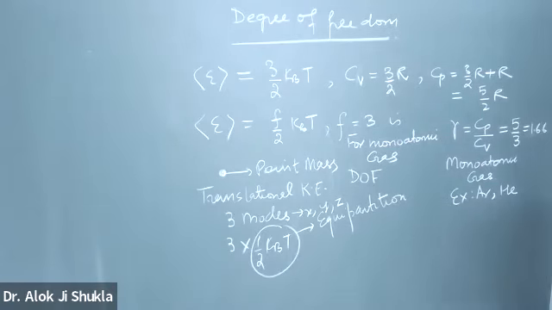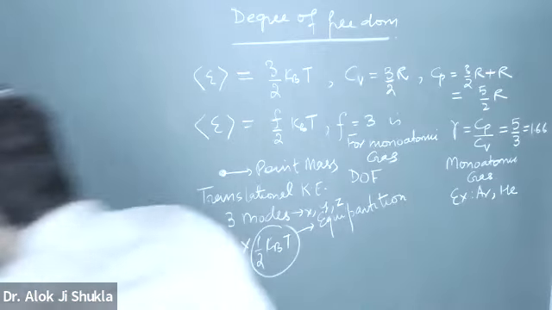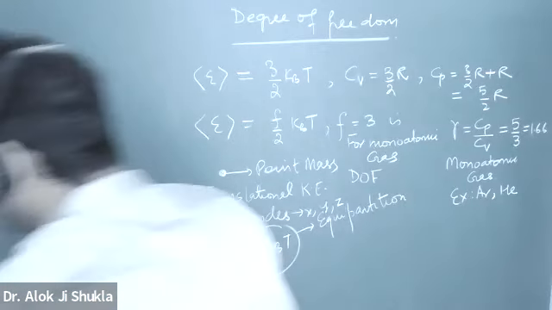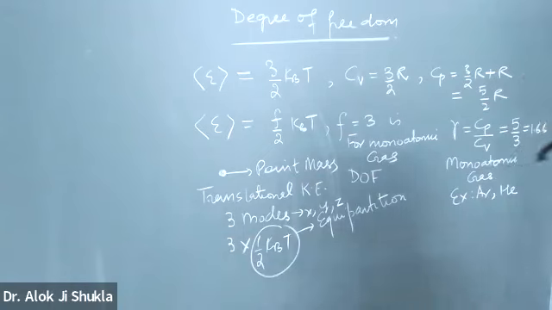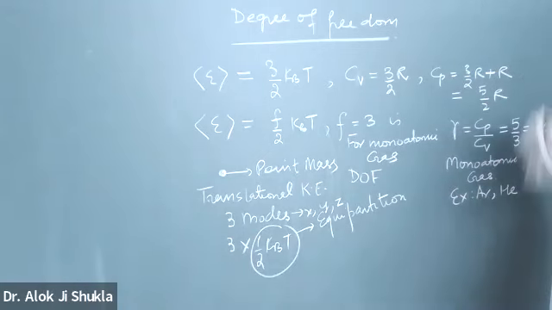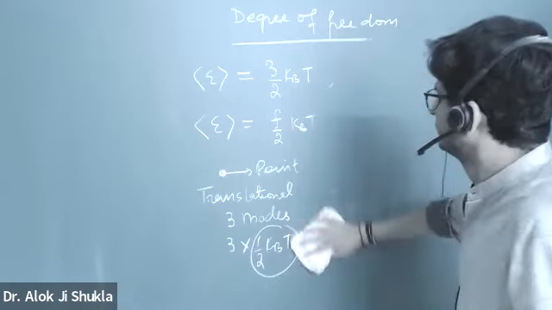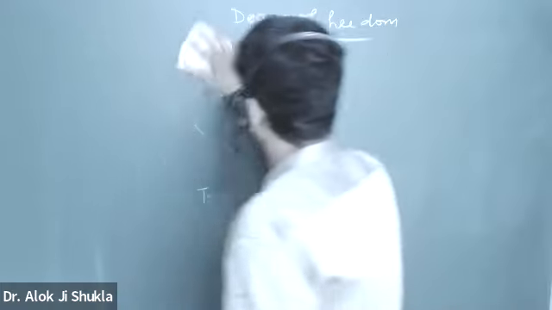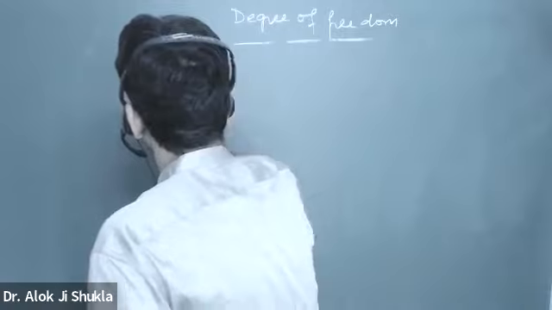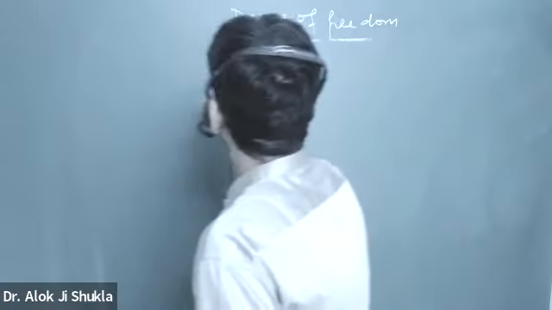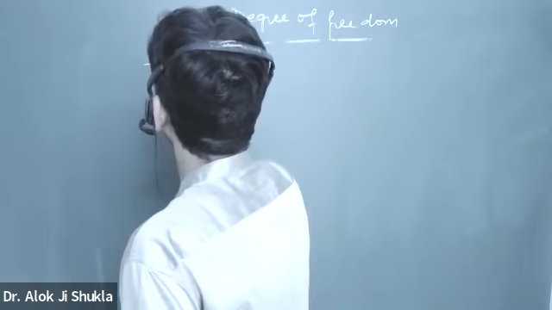And this 3 is called the degree of freedom. So let me define the degree of freedom. The degree of freedom is defined in two ways.